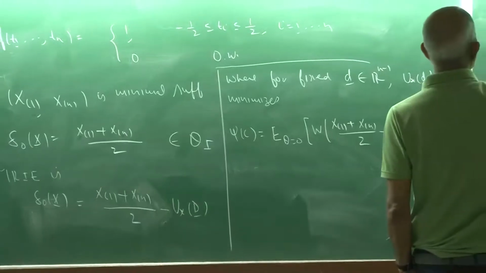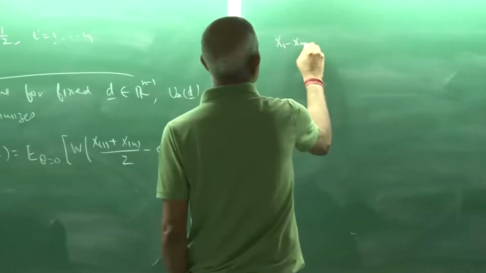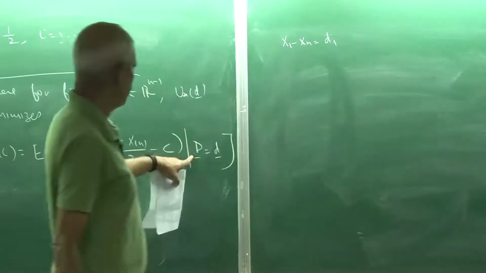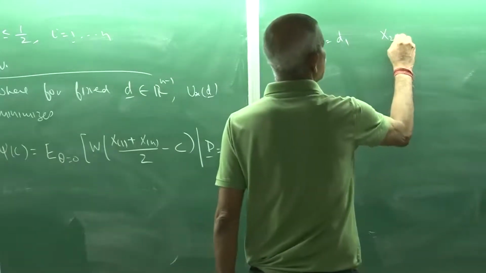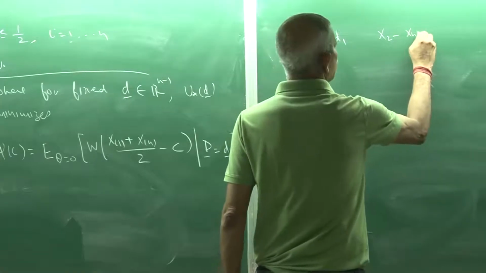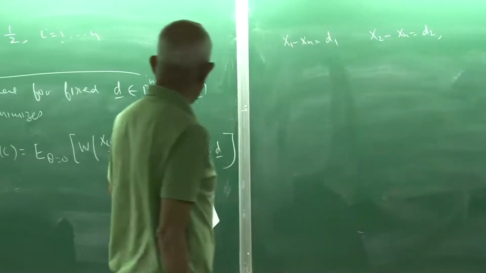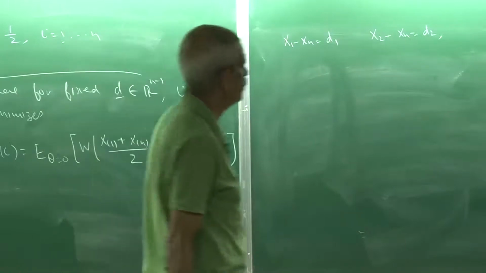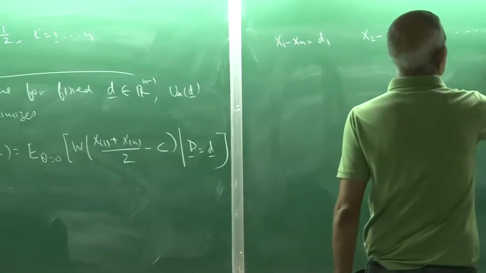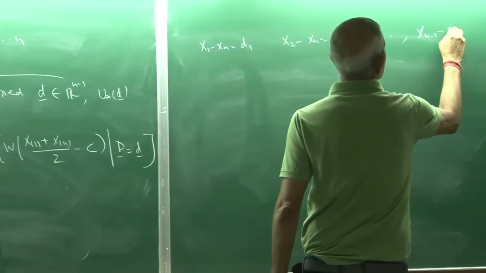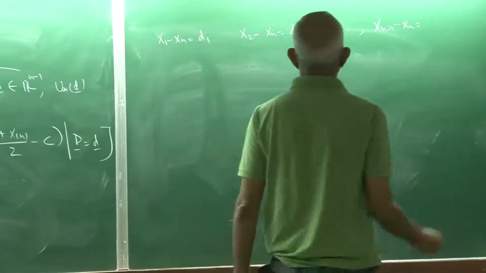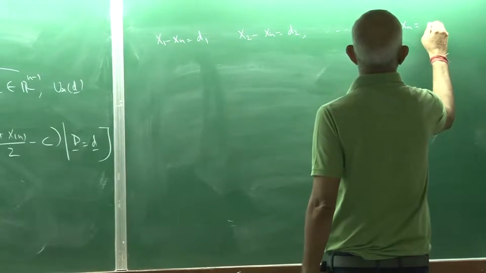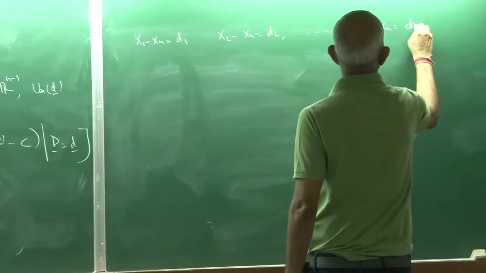What is given to you is x1 minus xn is d1, because the first component is small d1. x2 minus xn is small d2, because the second component is small d2. xn minus 1 minus xn is d(n minus 1).